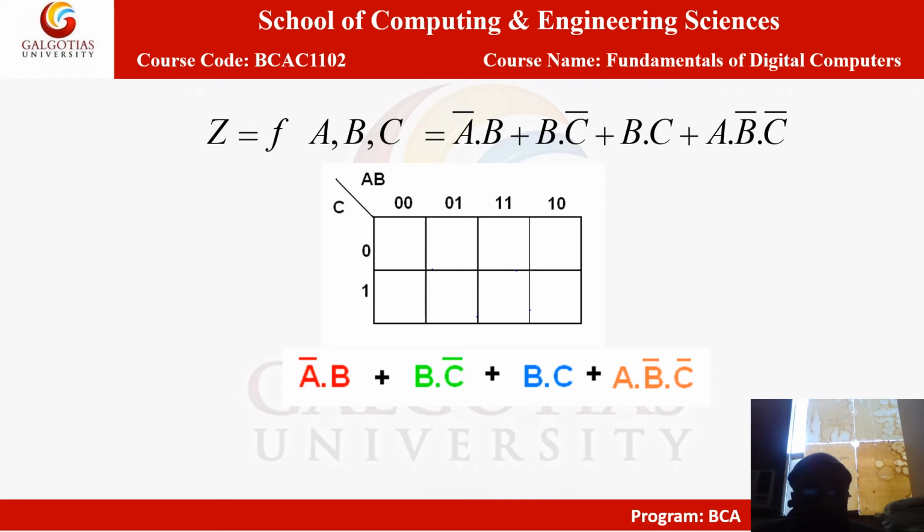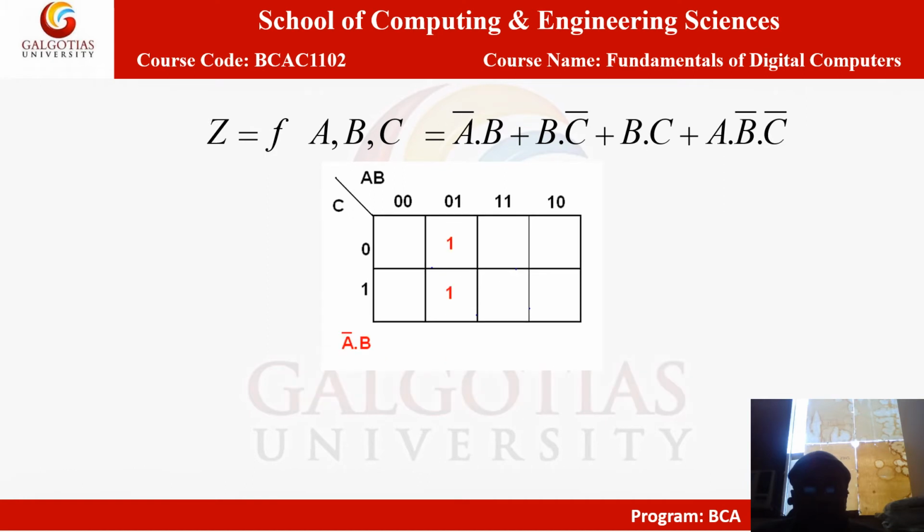A value 0 is these two, and B value 1 is this. So the second column is represented by A bar B. In the second column, both the cells will have 1. Okay. So look here, both the cells have 1. Any doubt?